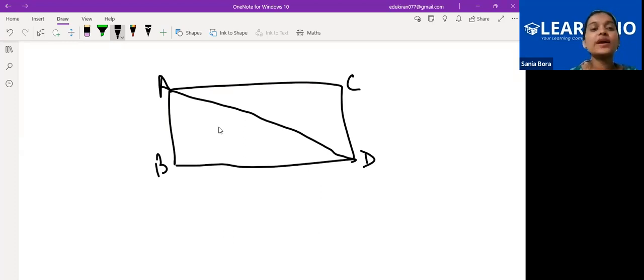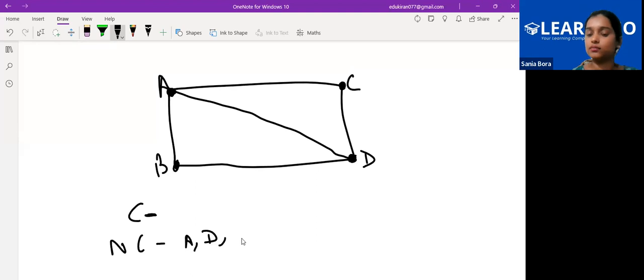If I ask you what the consecutive vertices are, what will you say? A, then B, then D, and then C. They are consecutive, or you can write A, C, D, B. But if I say non-consecutive, then you will write A and D. These two are basically non-consecutive.